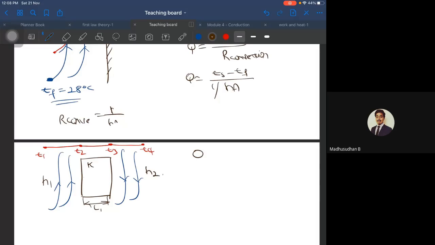So Q is equal to... Sir, is that T1 to T3 or T1 to T4? Sorry, T1 to T4, the whole thing, the transfer of heat from T1 to T4.